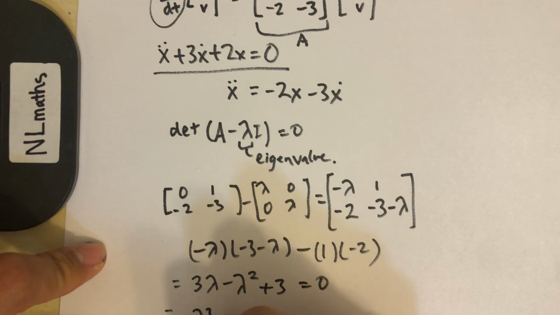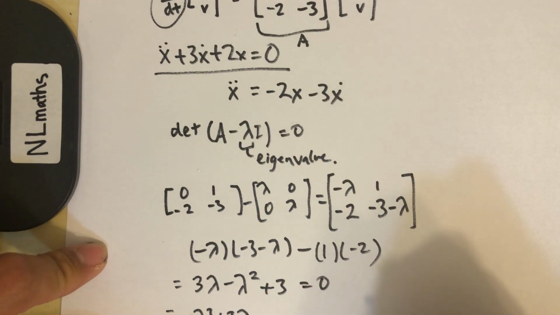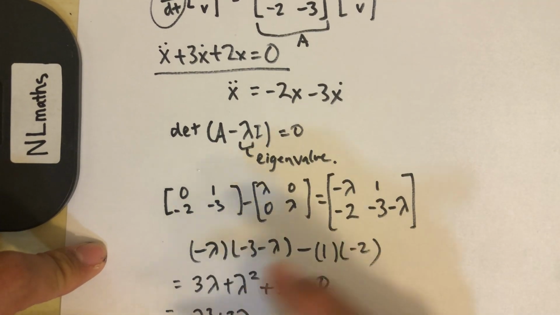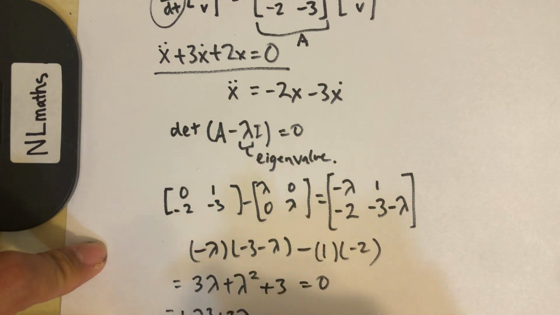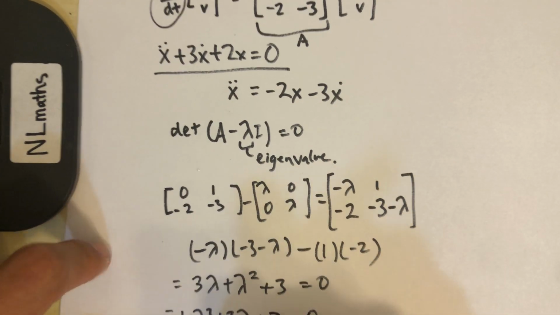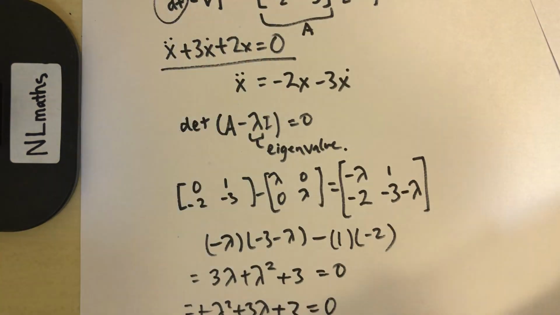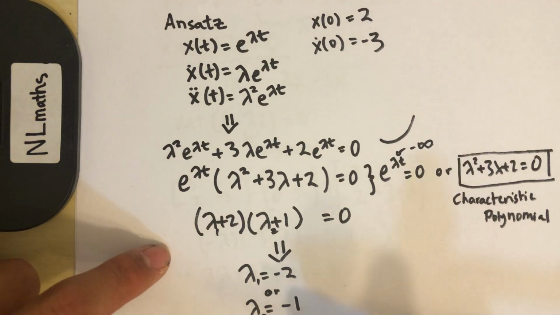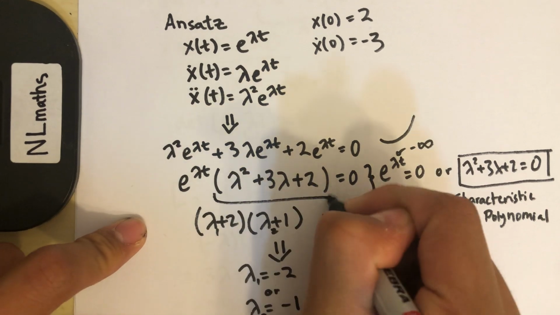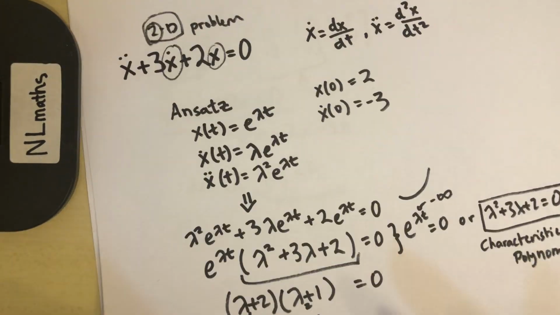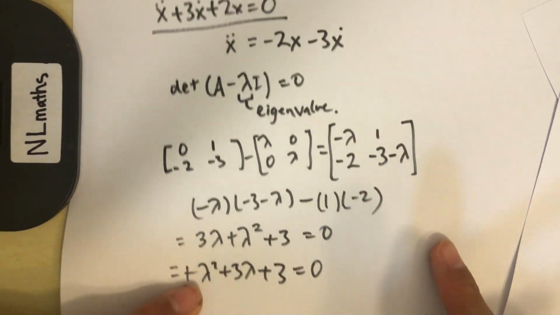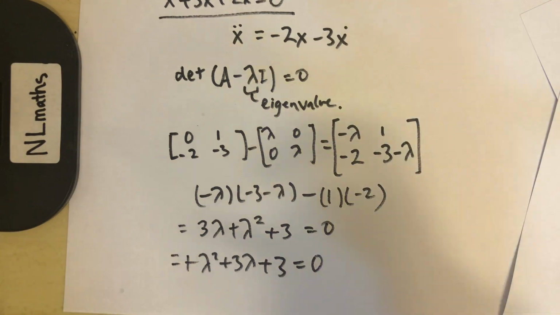Negative lambda squared plus 3 lambda. Oh, sorry, this is plus lambda squared. Plus lambda squared plus 3 lambda plus 3 equals 0. That is the characteristic polynomial that we saw from the very start. And this is exactly what we get when we do the eigenvalue equation.